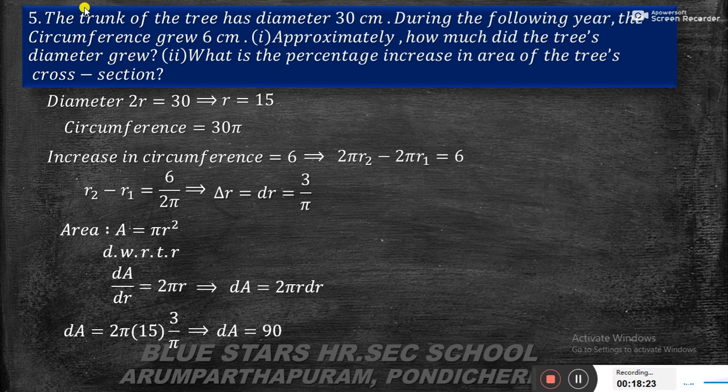Next, fifth problem: the trunk of a tree has diameter 30 cm. During the following year the circumference grew 6 cm. Approximately how much did the tree's diameter grow? What is the percentage increase in the area of the tree's cross section?